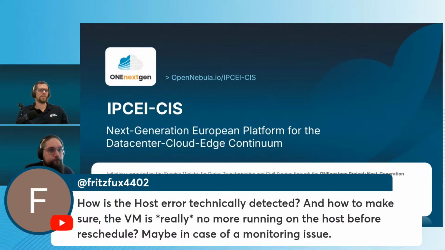So if you feel that the default value is not enough and you're not monitoring frequently enough, you can fine tune this parameter to make sure that you have, let's say, early detection. So yeah, there are guardrails to avoid this split brain issue, right?